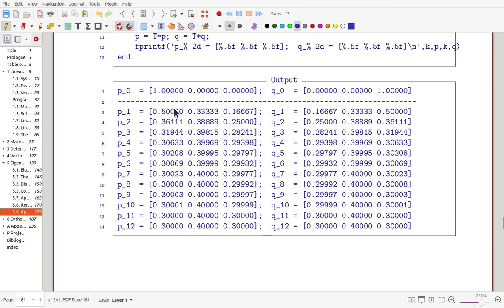You can see it is changing and looks like converging to a vector. Even though we begin with a different initial state, later on it is converging to the same vector. So that's the observation.